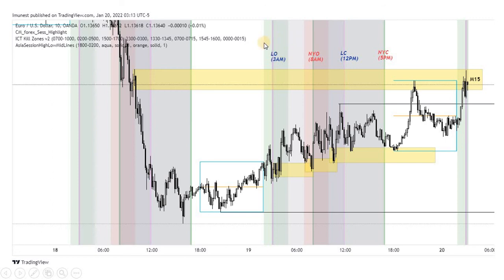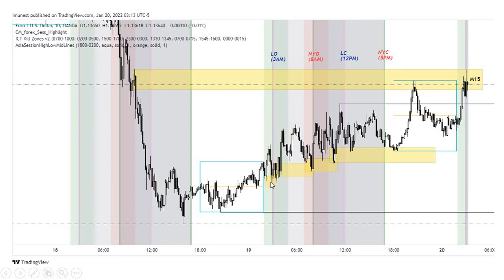Now, what's the idea of the kill zone? We have to watch out for the kill zone because that is where most likely, credit to ICT, we might be getting those stop hunts and those big reactions. So you can look very closely. This first stop hunt we had was in what?